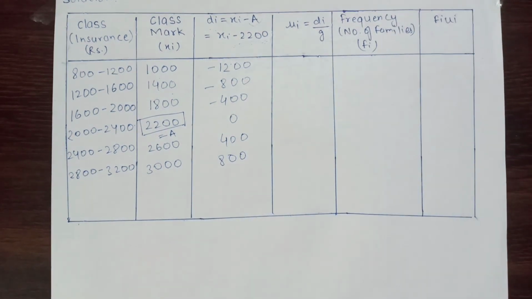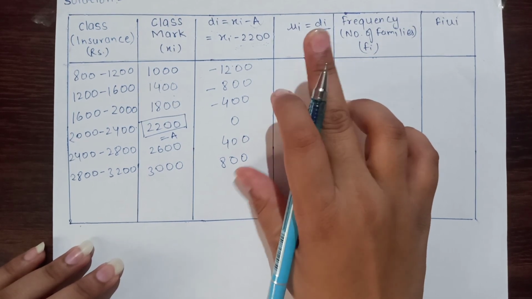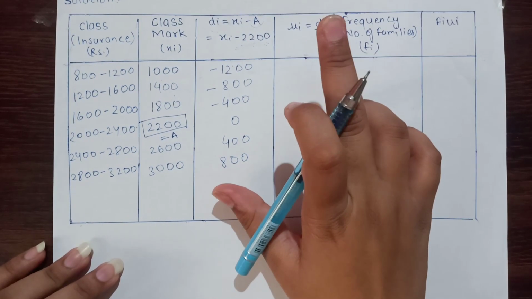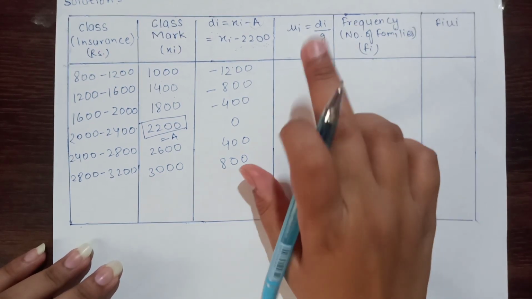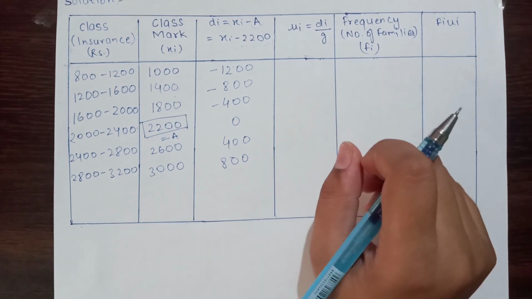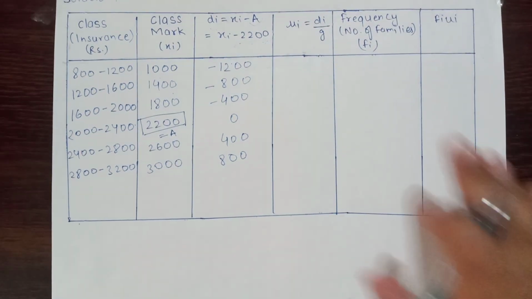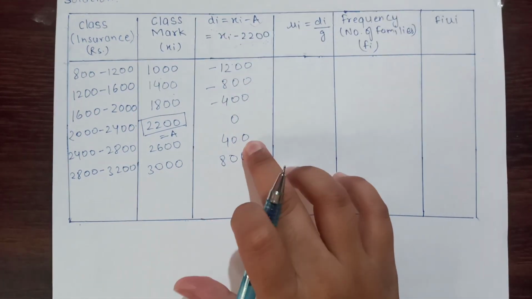Then after that, this is the formula of assume mean method. So we are going to find this also for this table to find the step deviation method. So let us start finding this. So how can we find this? For finding this, we need the g value. Di we already have.